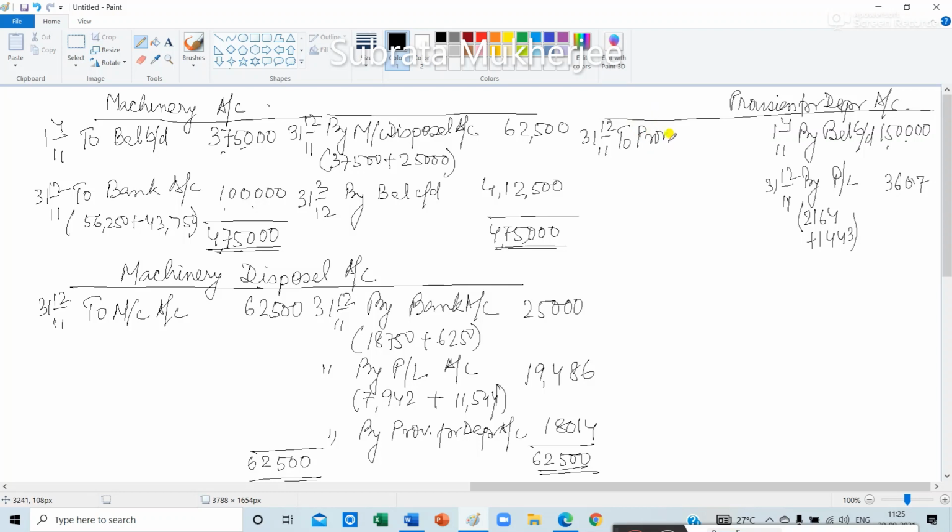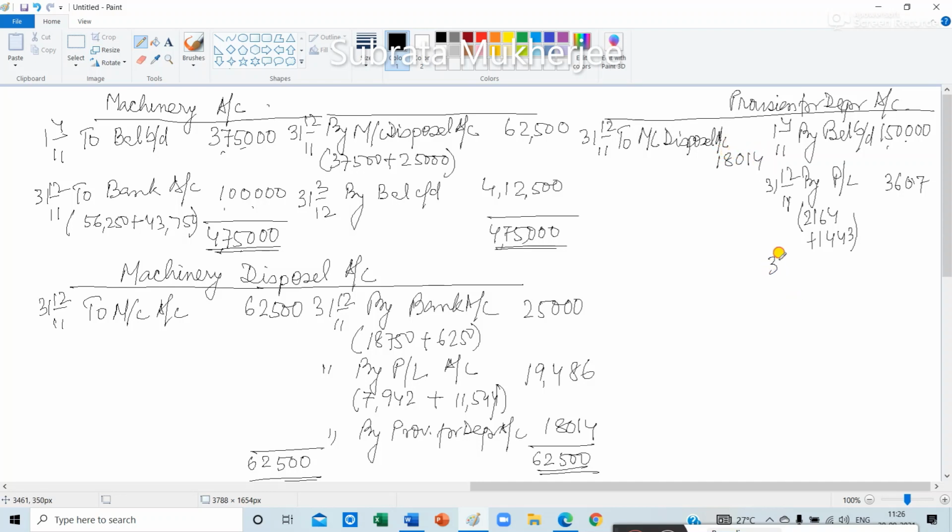So on 31st December 2011, you need to transfer to machinery disposal account for rupees 18,014.